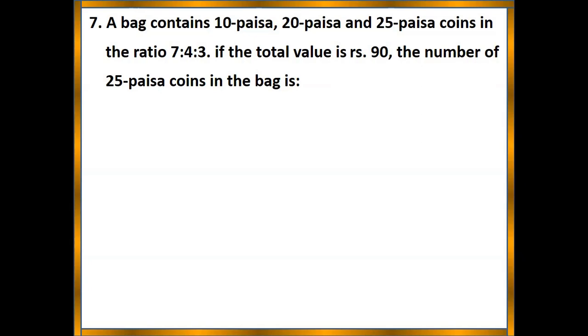Hope all of you noted down the question. 7:4:3 means 7x, 4x, and 3x. 7x, 4x, 3x is the number of coins.